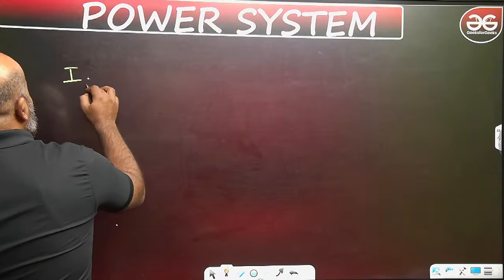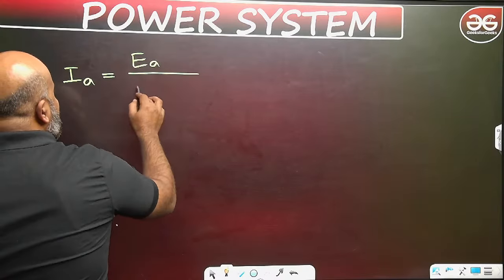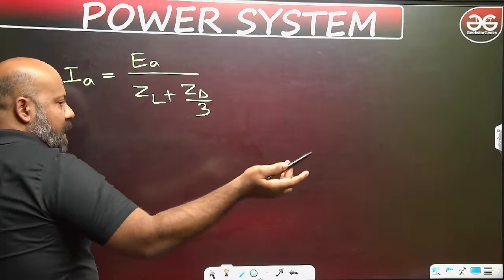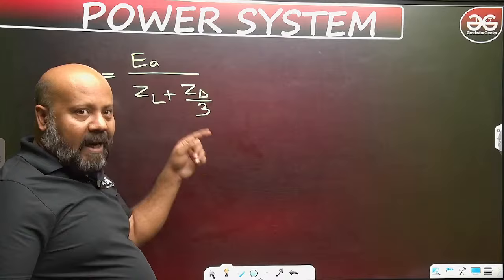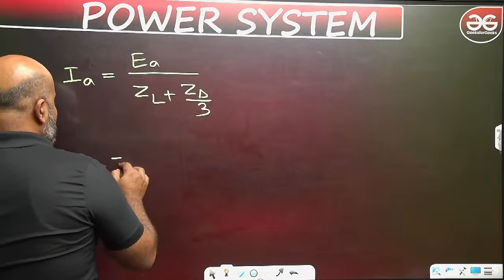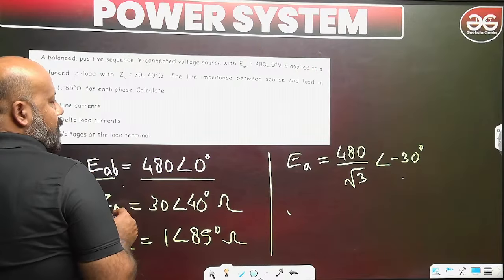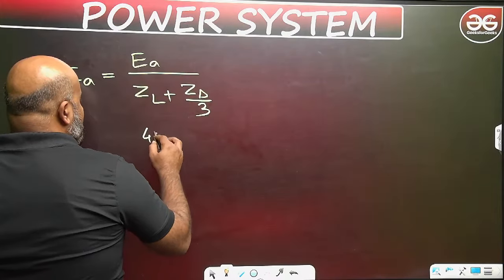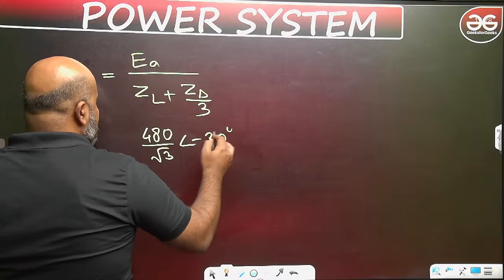Now you can write the line current IA. It is going to be EA upon ZL plus Z delta upon 3. It means Z star. We have converted delta into star. That star per phase impedance is 1 by 3 of the delta. So I am writing like this. What is EA? It is 480 upon under root 3, angle is minus 30 degree.